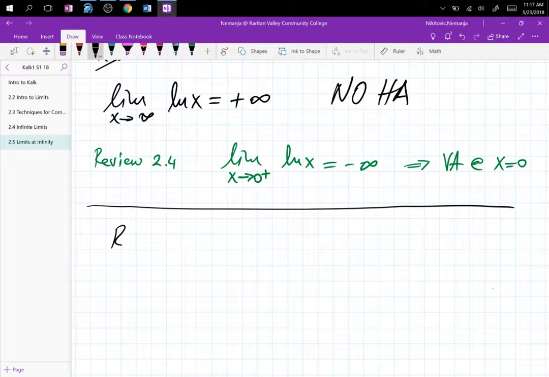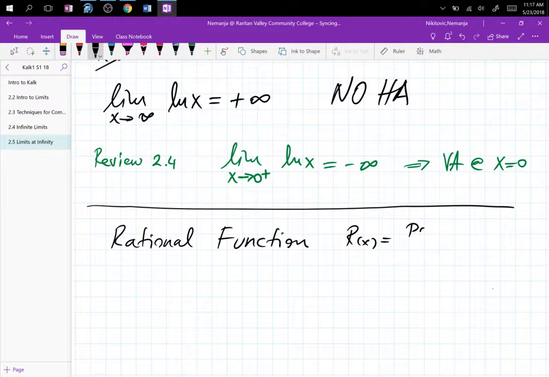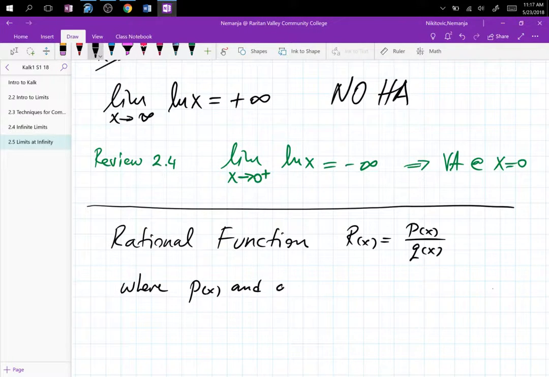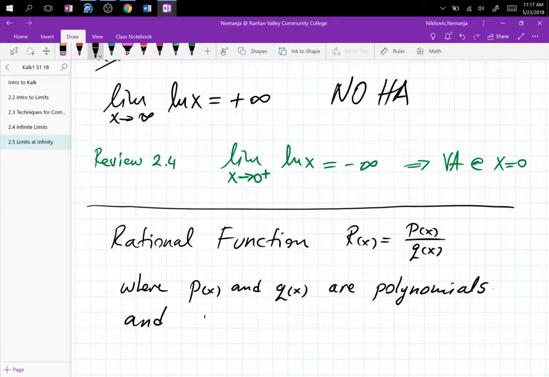So a rational function is going to be given, let's say r of x, as p of x divided by q of x, where p of x and q of x are polynomials and q of x is not 0. Right? So that's the rational function.